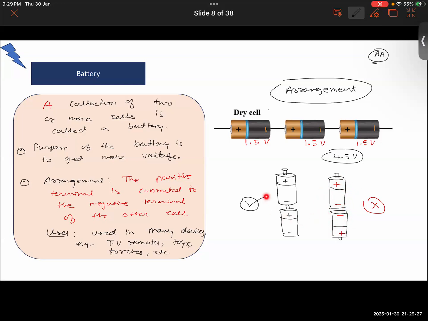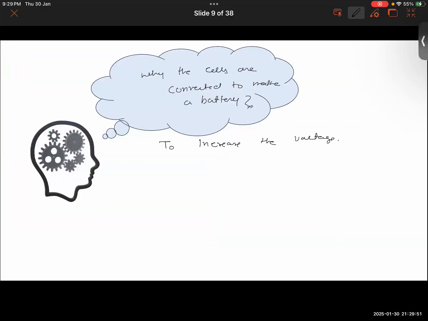The opposite terminals, positive and negative, should be connected to one another. And this gives you more voltage. Suppose the voltage of a given cell is 1.5 volt, when you combine them, it will be 1.5 plus 1.5 plus 1.5, that is 4.5 volt.